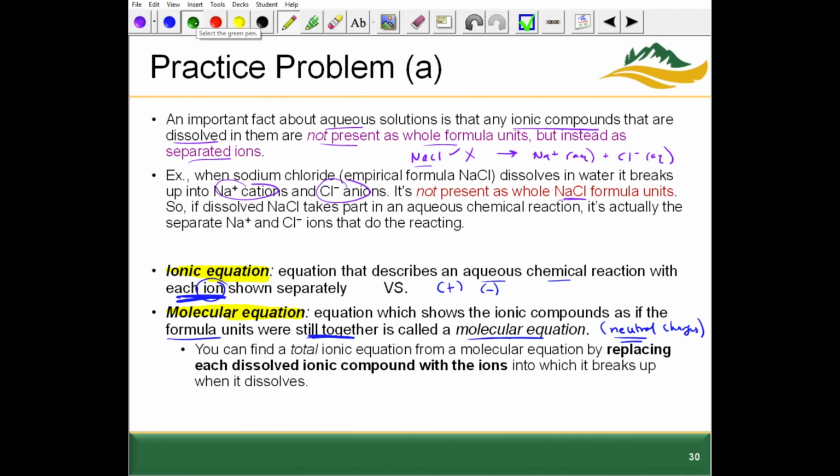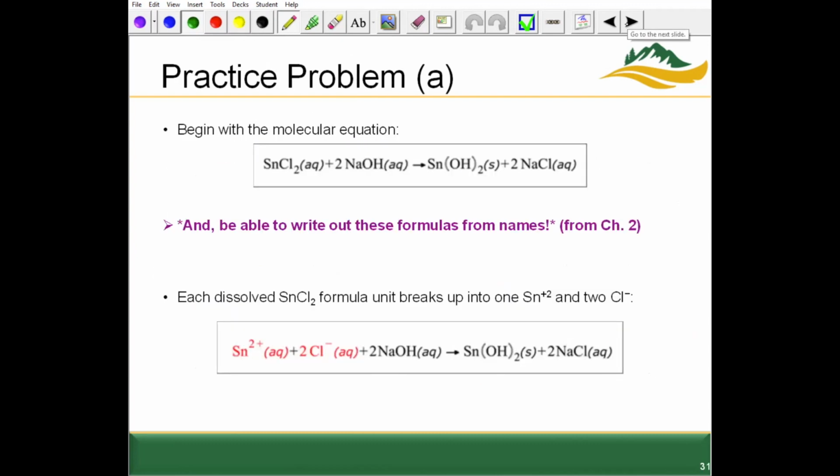To then go on to find our total ionic equation from a molecular equation, we're going to replace each dissolved ionic compound with its respective ions that it breaks up into when it dissolves. So here we were not starting with names, but we could also go from names to then writing out these compound formulas or these chemical formulas.